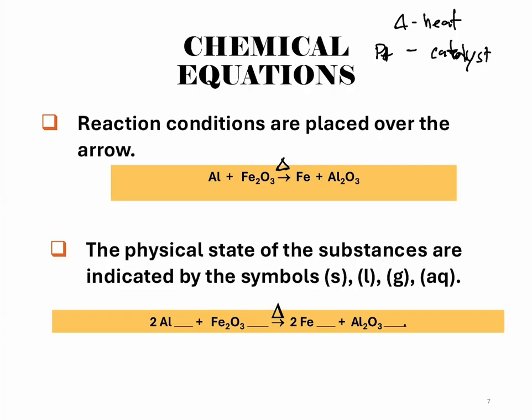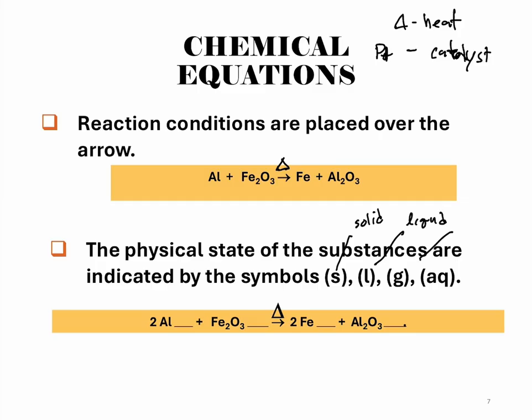And then we've also talked about the physical state of all of the molecules in the reaction, which is given next to the chemical formula on the right hand side, right? Those are indicated by S, which represents what? Solid. L is liquid.